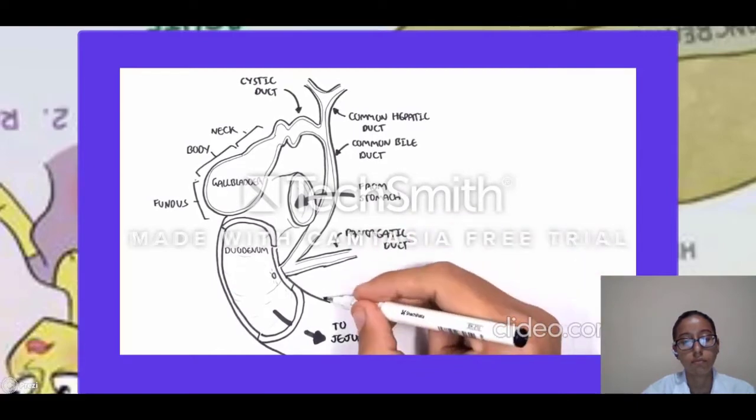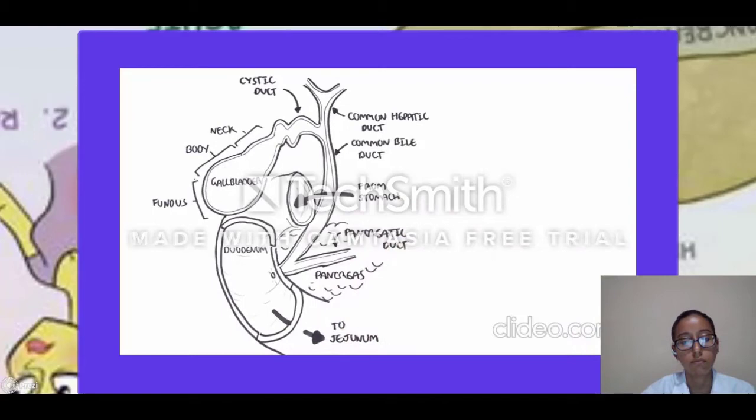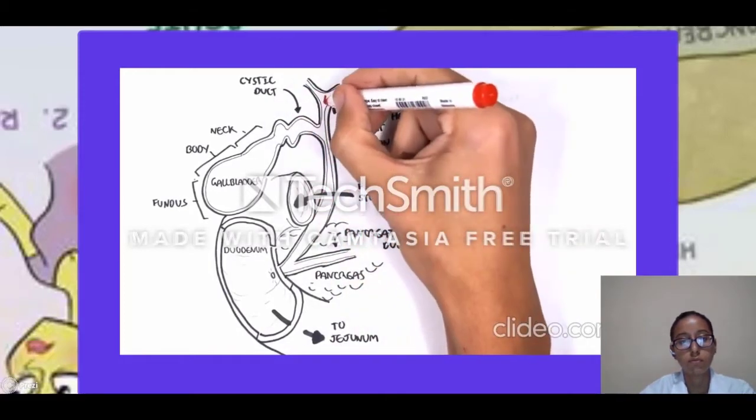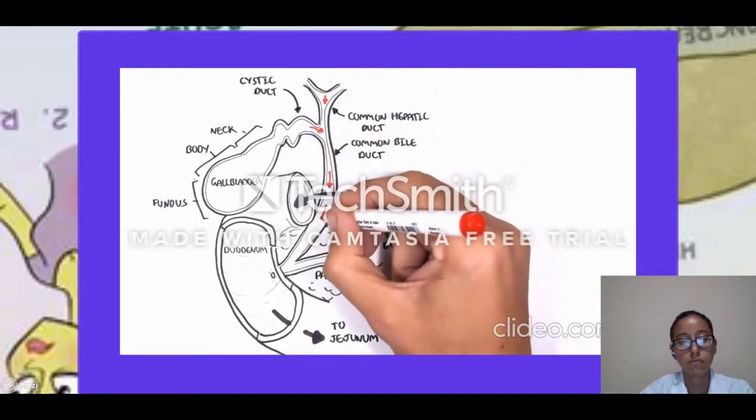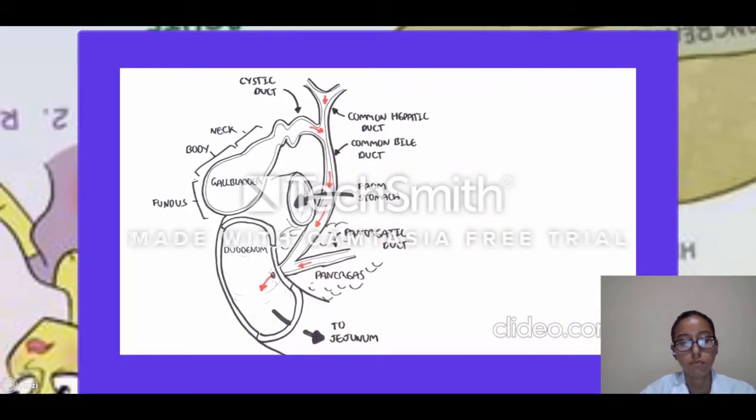Here is the pancreatic duct I was talking about, and here is part of the pancreas. And essentially, the gallbladder will contract and release bile, or the liver will release bile, which will go down and end up in the common bile duct. The common bile duct runs all the way down and joins with the pancreatic duct from the pancreas.